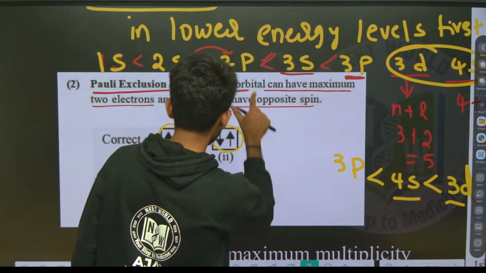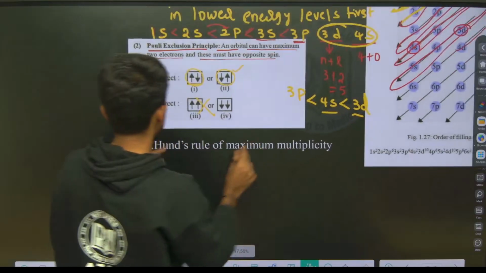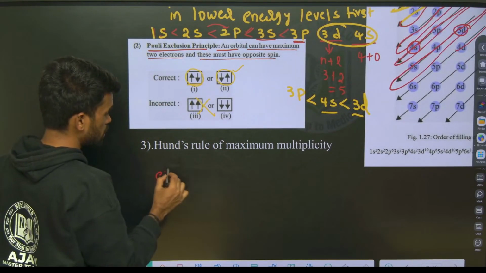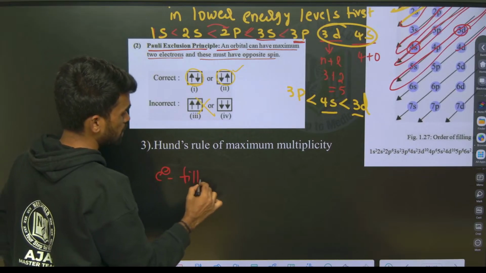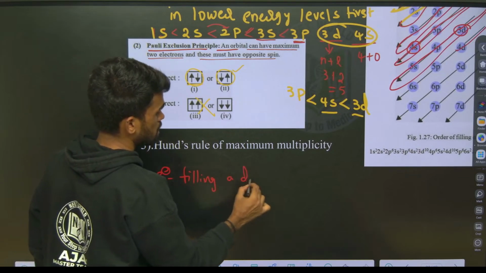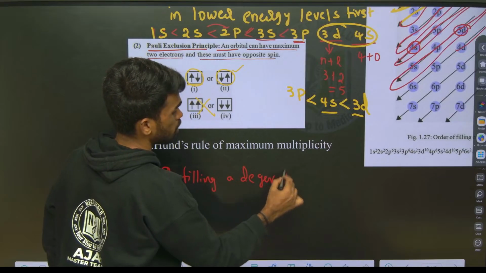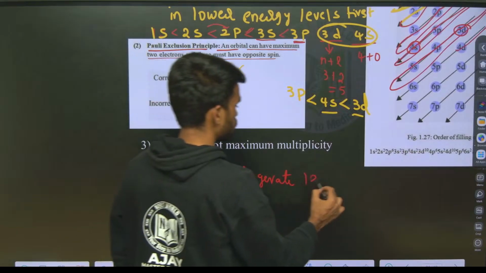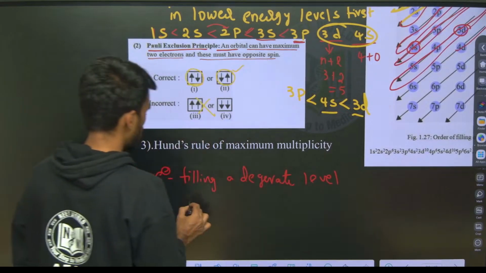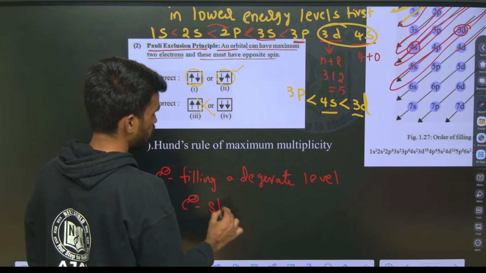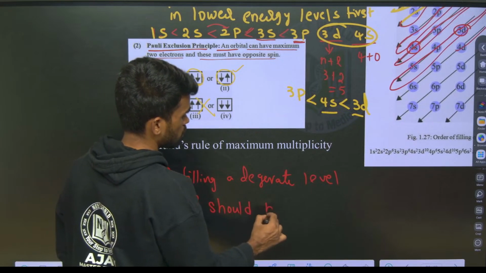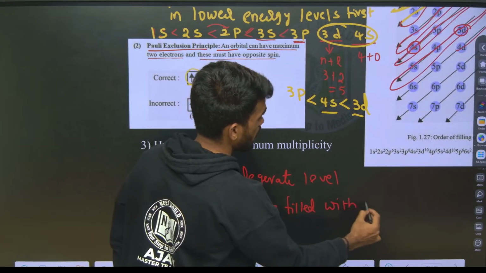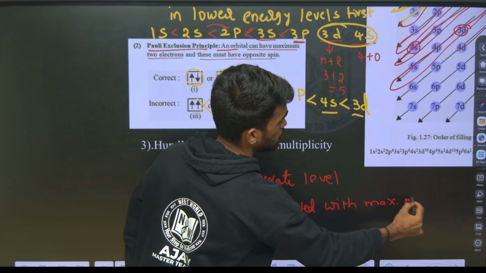Next one is Hund's rule of maximum multiplicity. When electrons are filling in a degenerate level, degenerate meaning same energy level, they should be filled with maximum multiplicity.